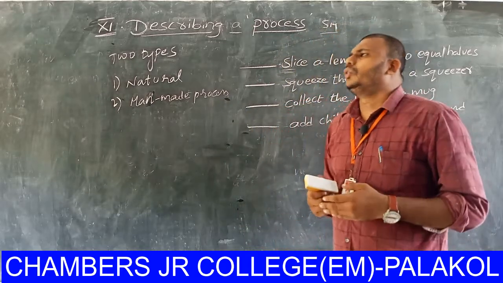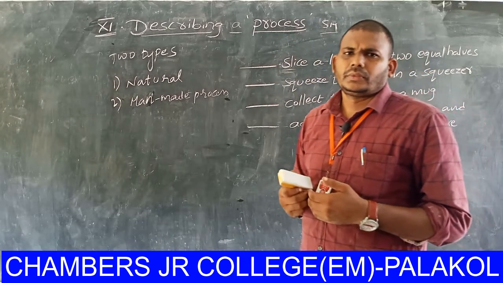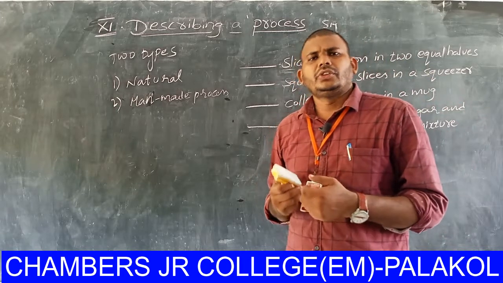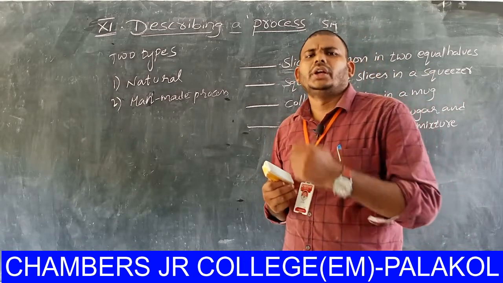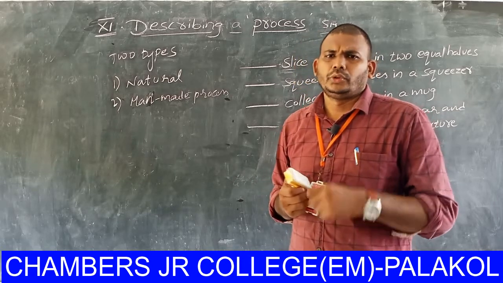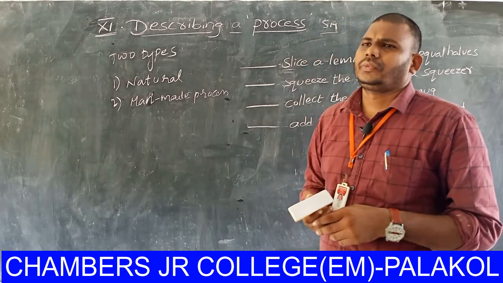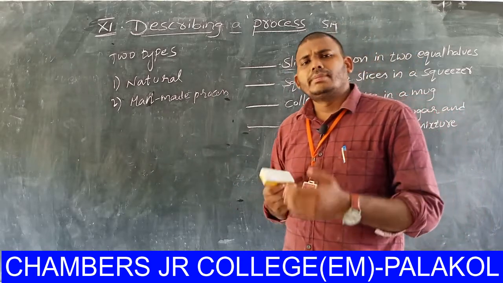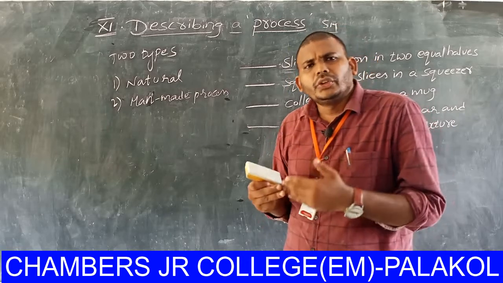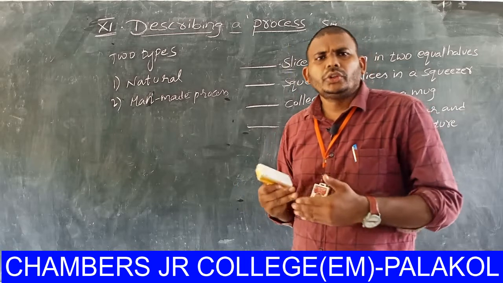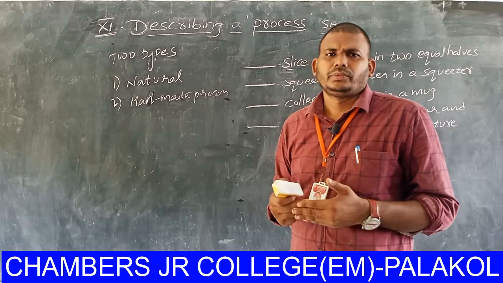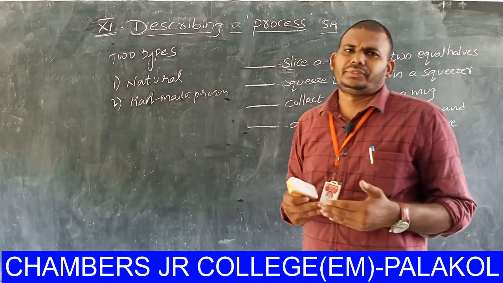Here let's see how the process writing is done. First, put a heading that is suitable to the process. Put the heading of the process on the top, and then we should combine the steps by using linkers, some kind of conjunctions or sequence markers, in order to make them into a paragraph.